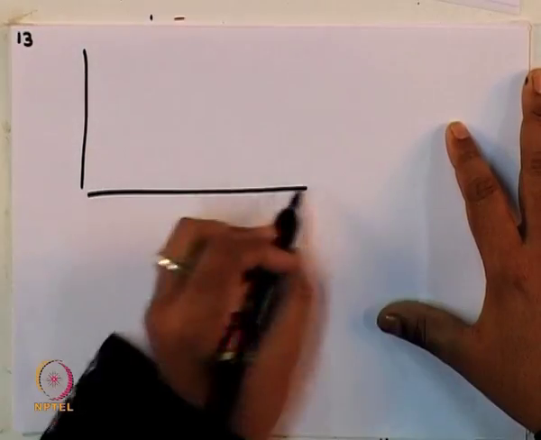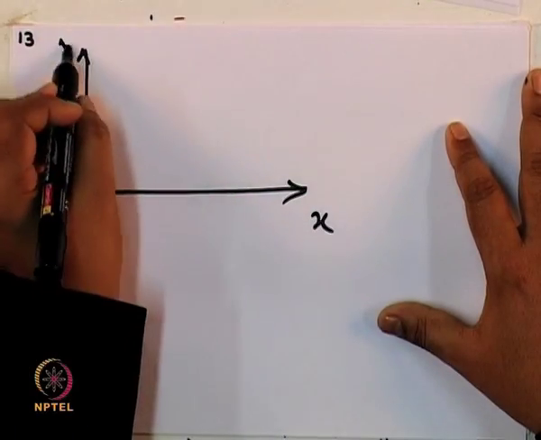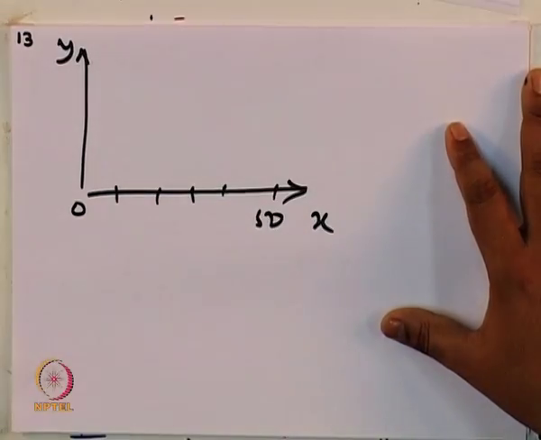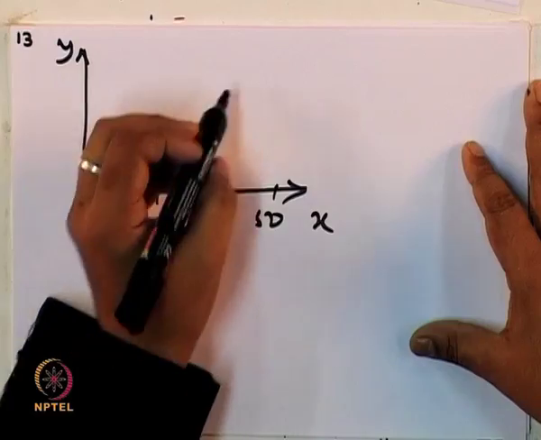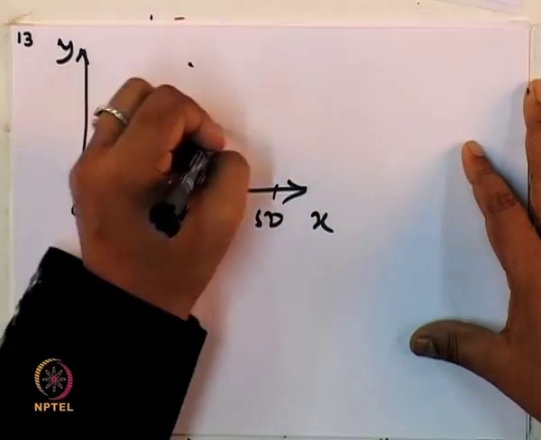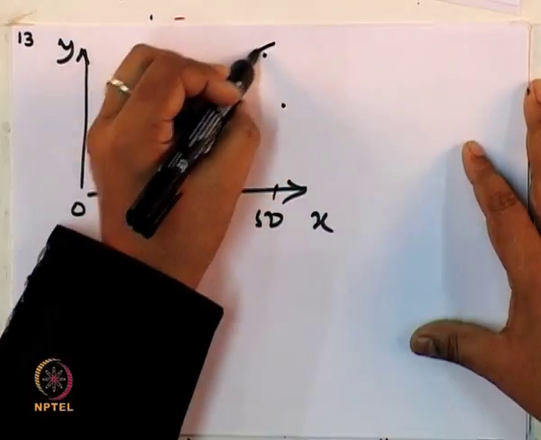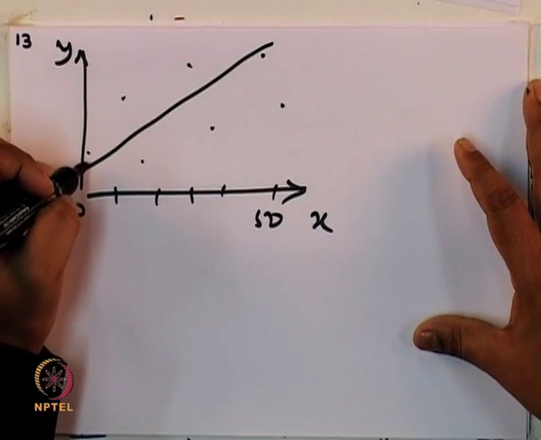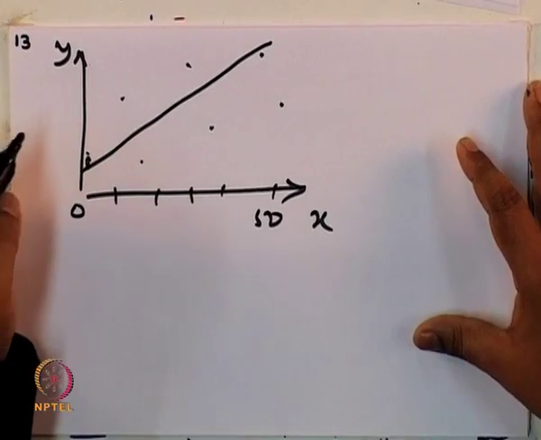So, let us say in a particular case my x varies from 0 to 50. Let us say these are my points. When I am here, this error is actually insignificant.